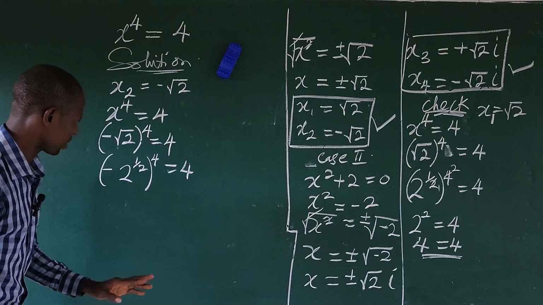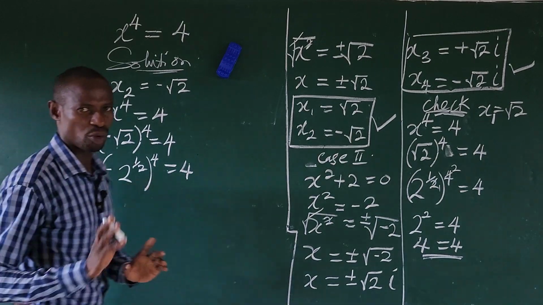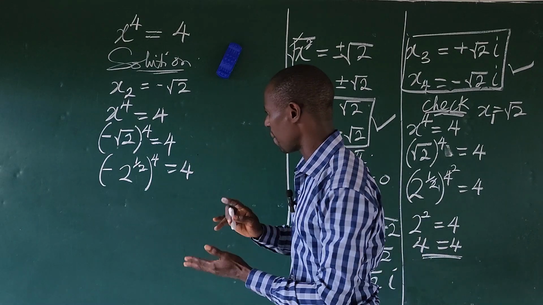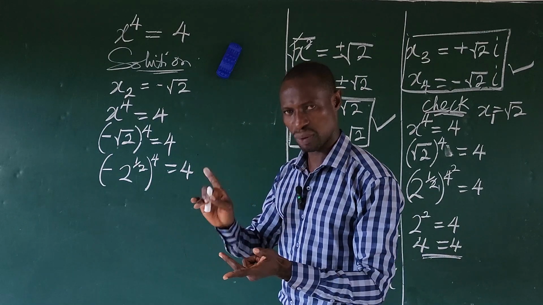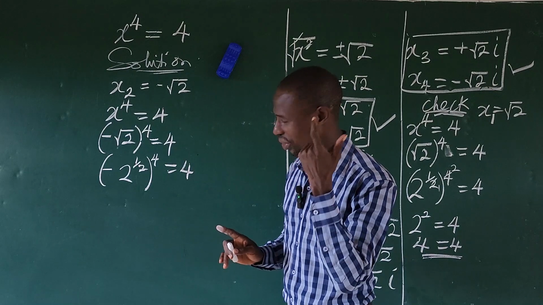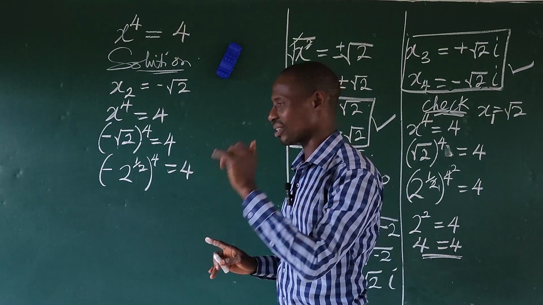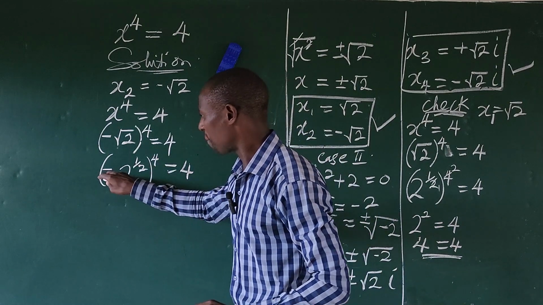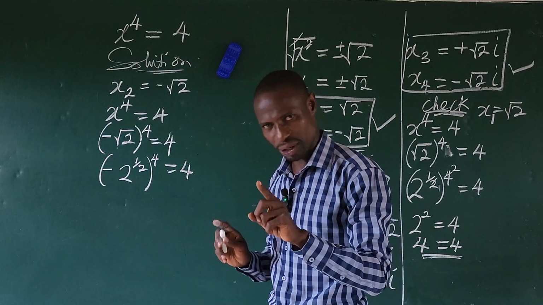Now we check something here. This minus, we have to multiply it by itself 4 times. So minus times minus gives us plus, times another minus gives us minus, times another minus gives us plus. So minus to the power of 4 will give us positive.